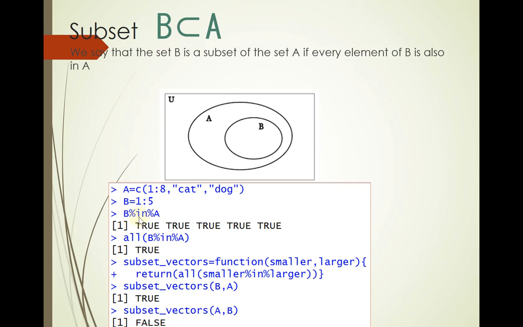But when we do this, do we get 5 back or 10? We get 5 results back here. So keep that in mind. So what is it doing? It's saying, is the first element of B in A? Is the second element of B in A? Is the third?